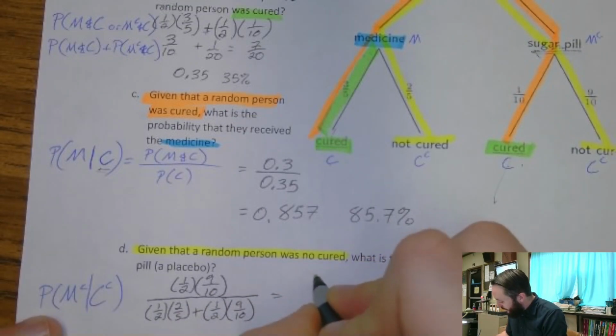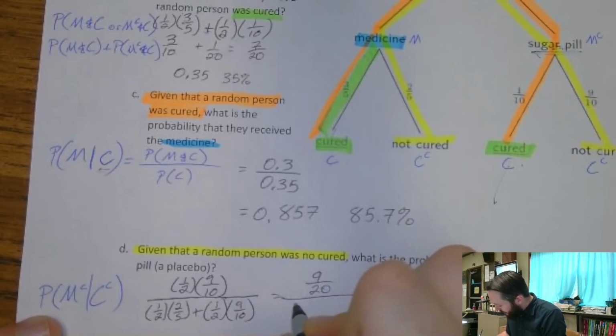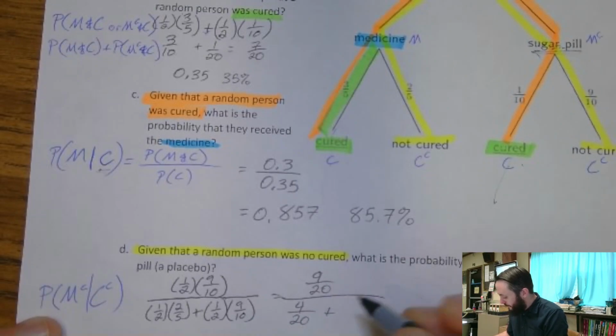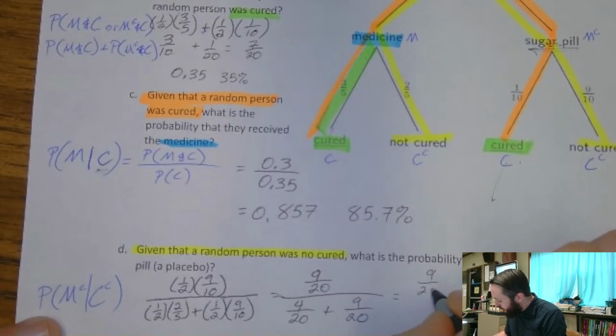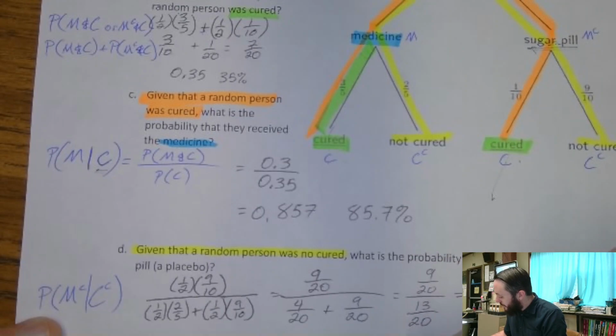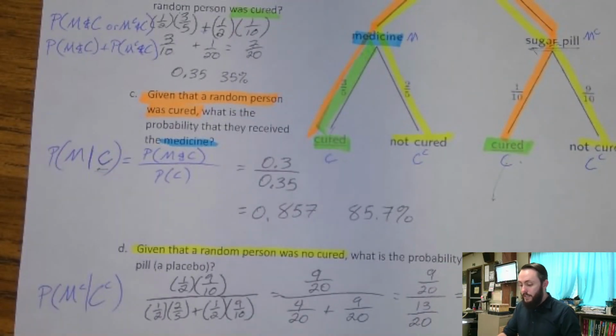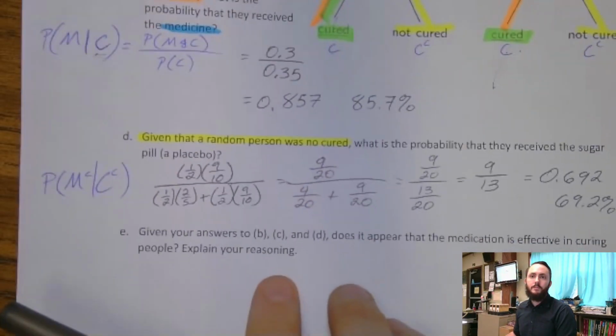Working that out, we get 9 over 20 out of 13 over 20. That's going to simplify down to 9 over 13, or 0.692. So 69.2%.